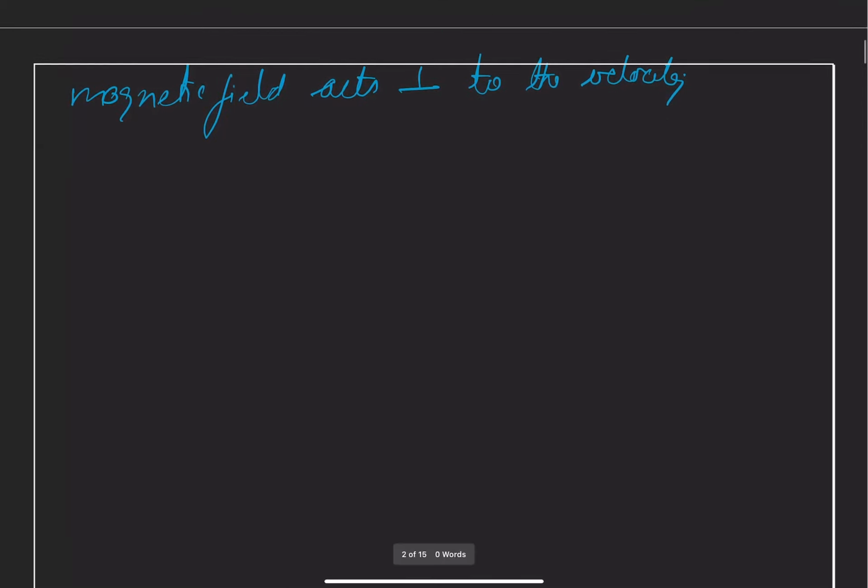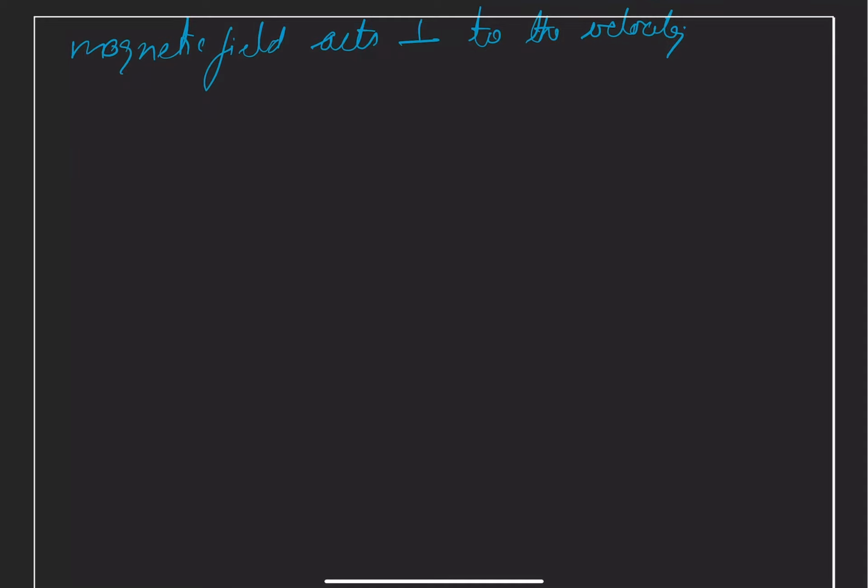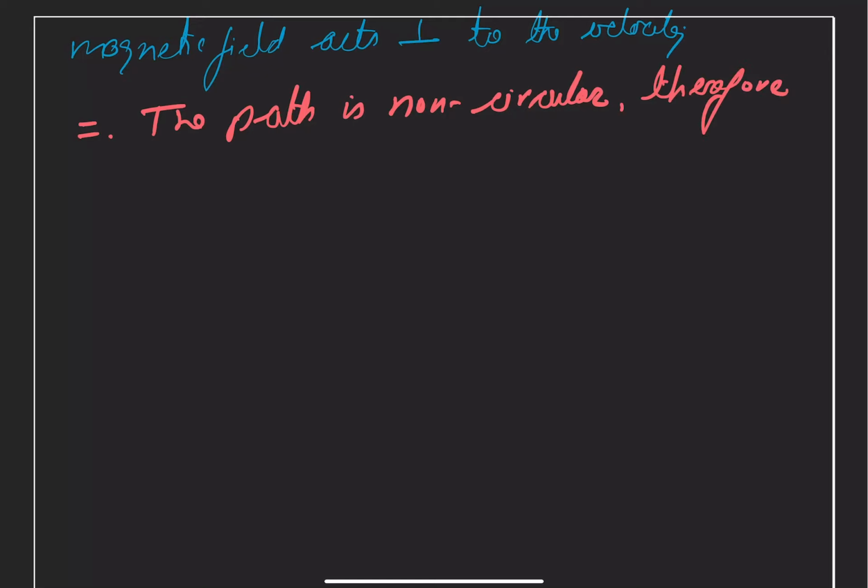And in the question it is given that the path is non-circular, therefore both electric and magnetic fields are present.